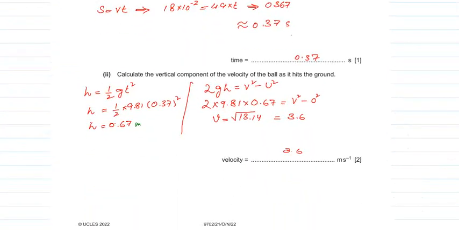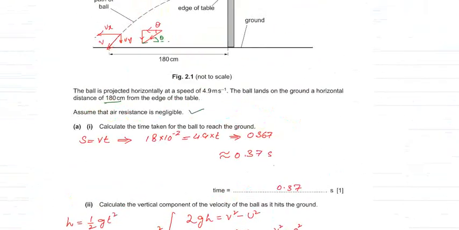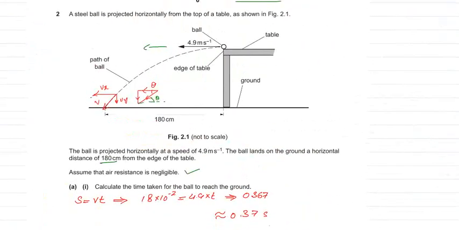Calculate the vertical component of the velocity of the ball as it hits the ground. First, we have the formula 2gh equals v square minus u square, but we need to know what h is. Considering the vertical motion, the initial velocity is zero, right?